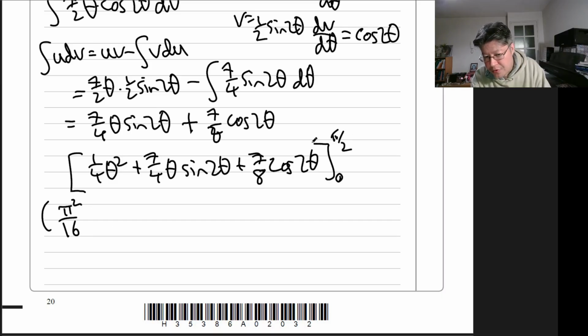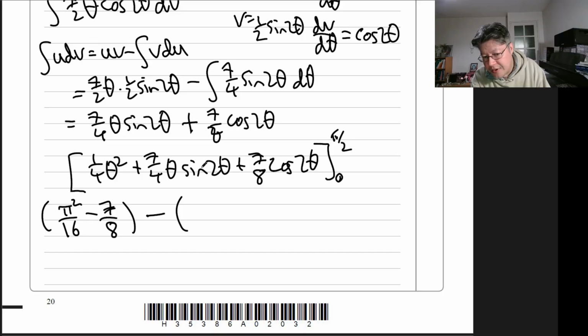And when we put pi over 2 into this term, we're going to get sine pi, which is a 0. So this term disappears. And then we put pi over 2 in here, that gives us cos pi, which is a minus 1. So that gives us minus 7 over 8. Minus, and now we're going to substitute 0 in. So 0 into here gives us 0.